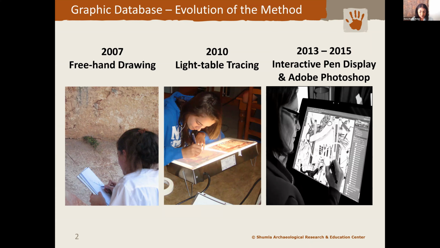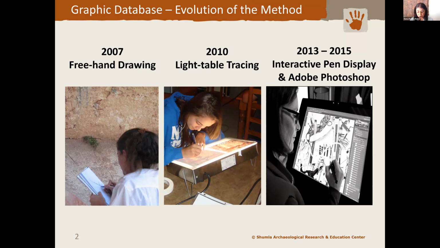So here, to demonstrate the evolution of the method, you will see 3 ways of illustrating figures. The first image on the left shows the beginning of the system in 2007, when illustrations consisted of freehand drawings made on site.